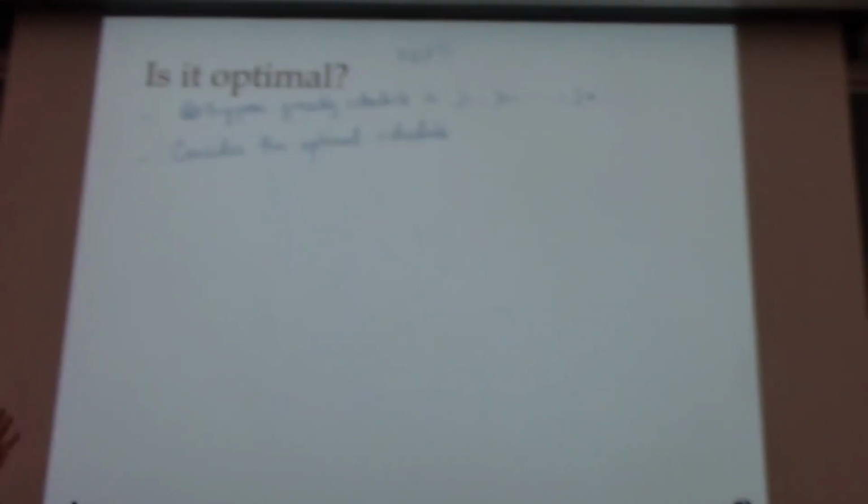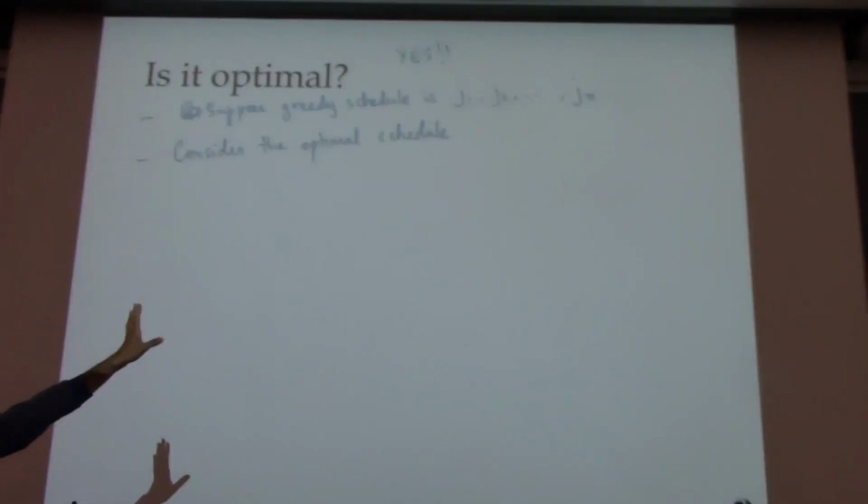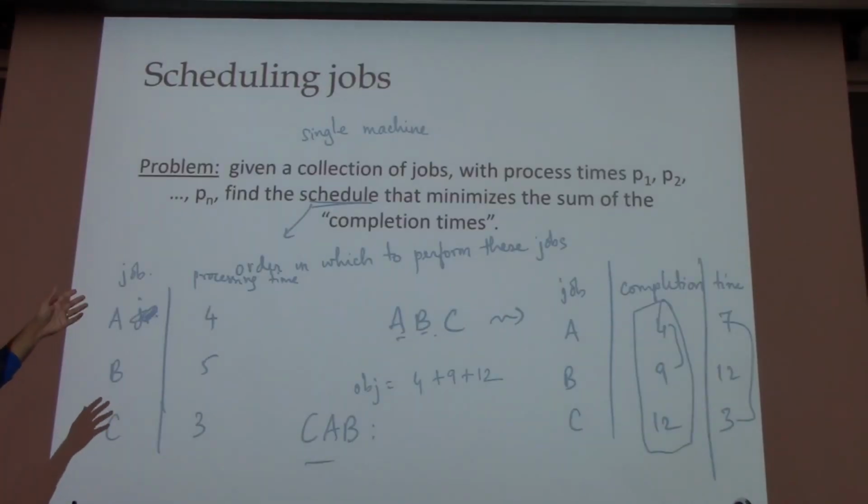So I've just sorted the jobs in increasing order of processing time, and I want to show that this ordering is actually the right one. So is that clear? That's just saying, suppose the jobs were already sorted in increasing order. Otherwise you just permute them and figure out the right one.